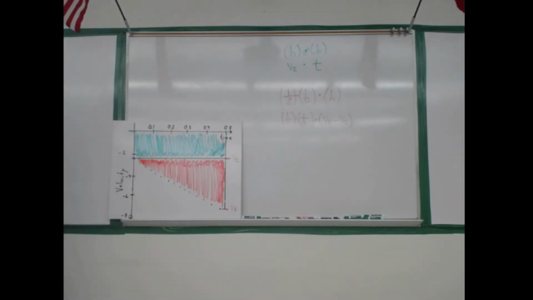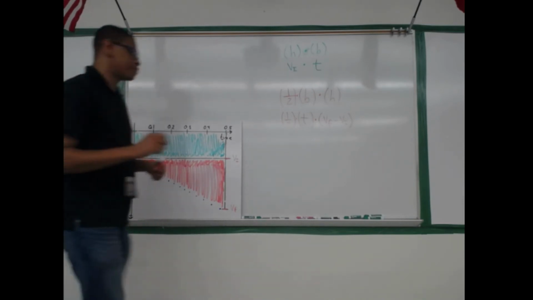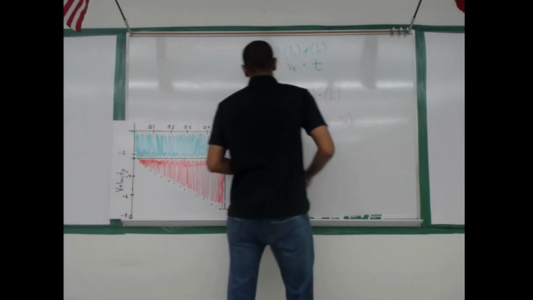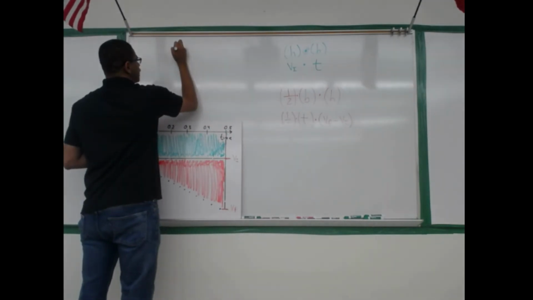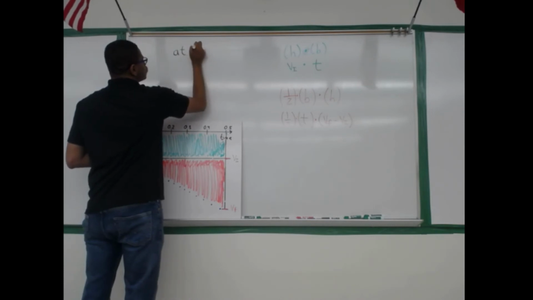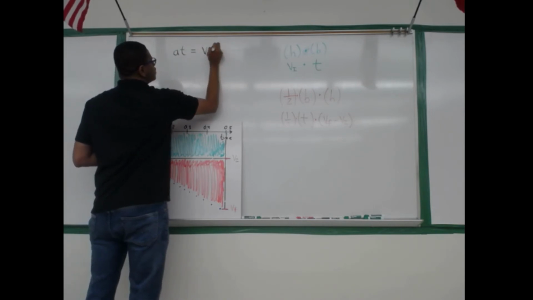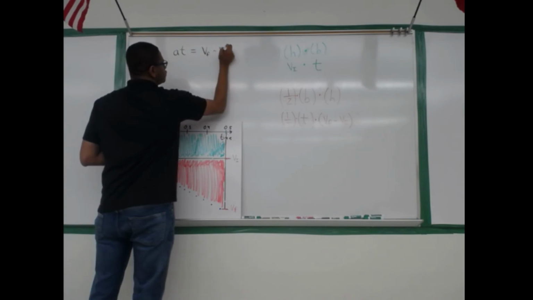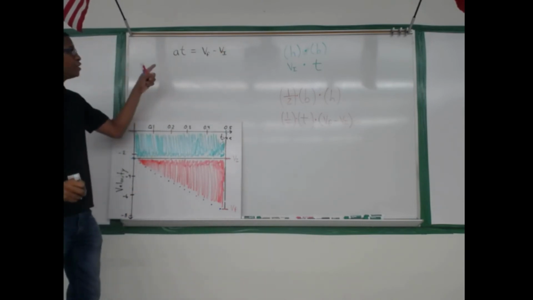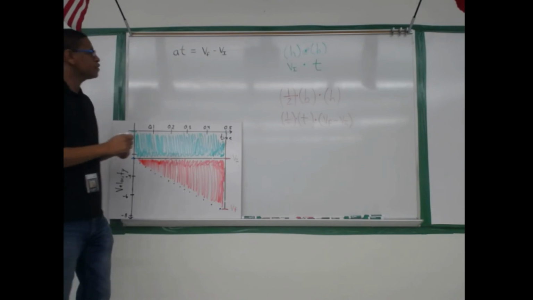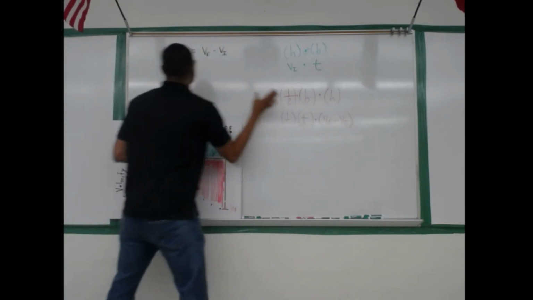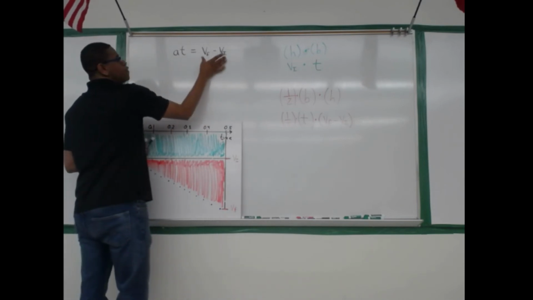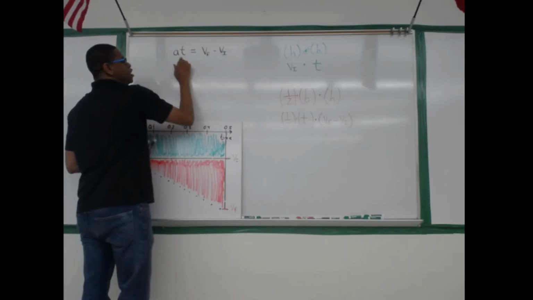Now, remember what we said before. Remember that equation that we just looked at where I said that acceleration times time is equal to final velocity minus initial velocity? Well, I have a final velocity minus initial velocity here, and I know what it equals.